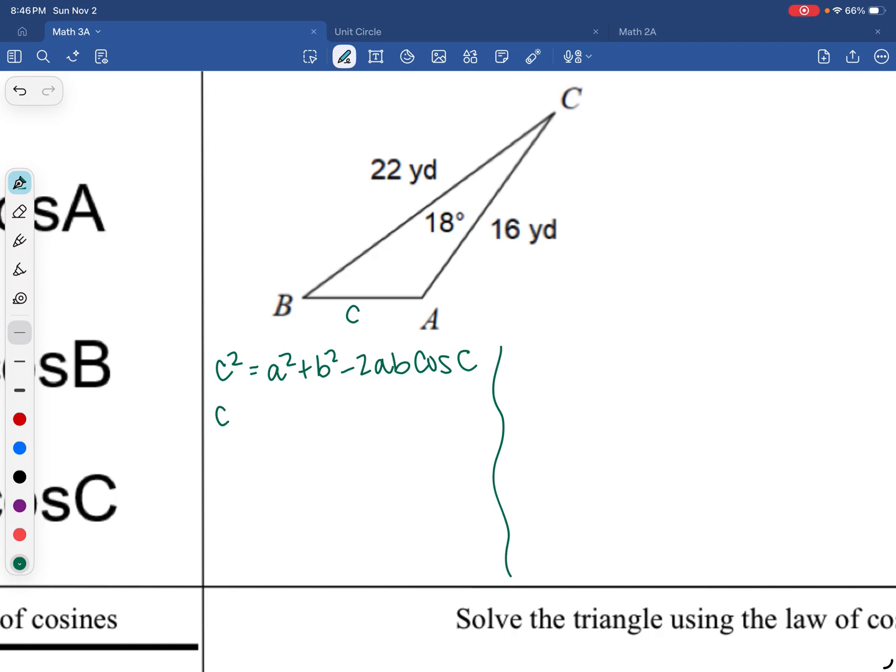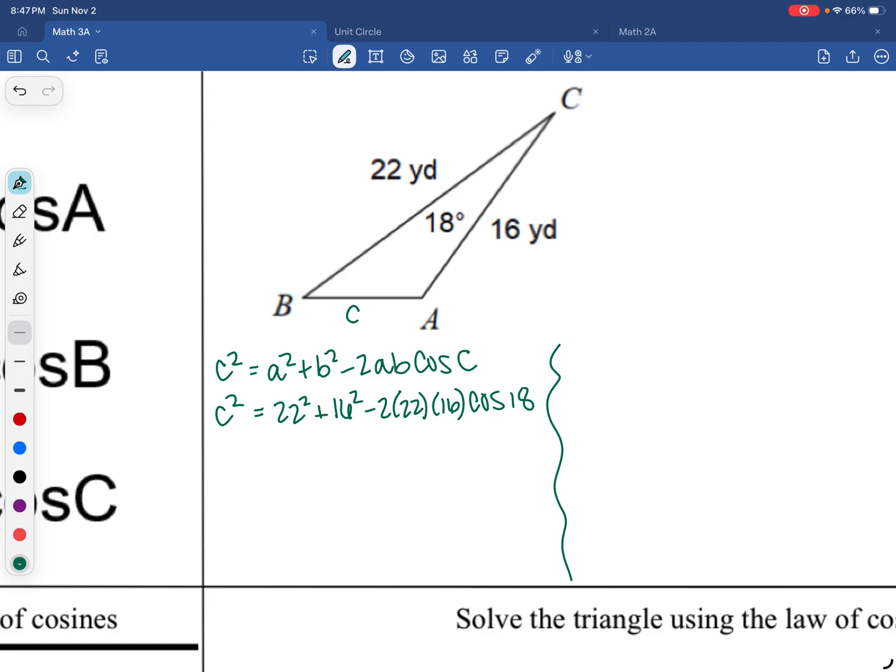And so we have C squared is, let's see, our A is 22, our B is 16, minus 2 times 22 times 16. Gosh, I keep not giving myself enough room. Let's move that over just a little bit. Okay, and then cosine of 18. All right, I'm just going to type it all straight in the calculator. So 22 squared plus 16 squared minus 2 times 22 times 16, cosine 18.